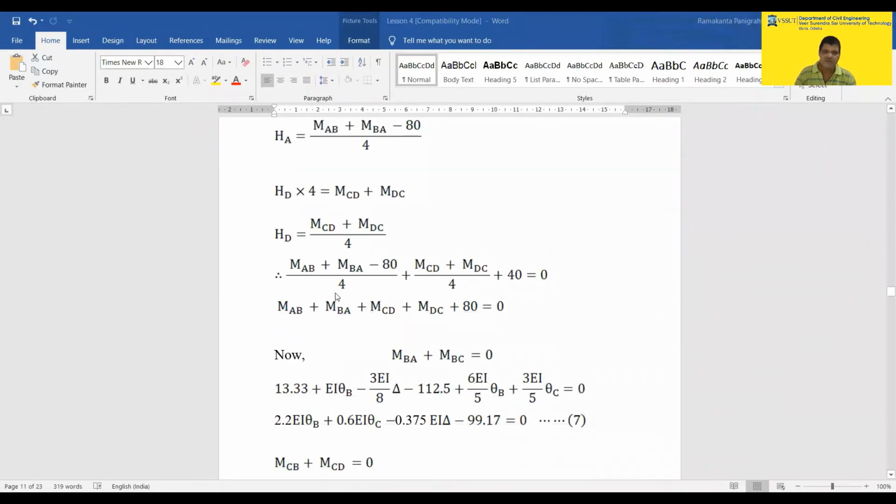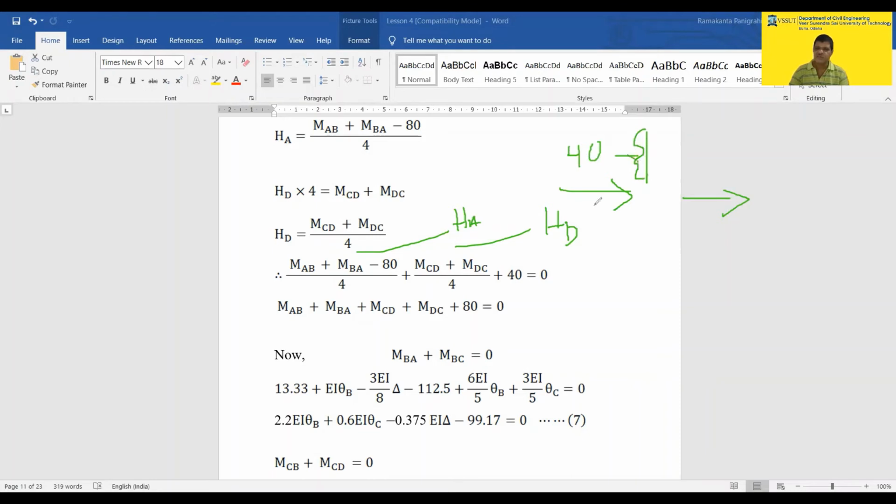So now HD comes out to be MCD plus MDC by 4. I will put this in the equation HA plus HD plus sigma PH. HA is in this direction, HD in this direction, and this load of 10 into 4 is also acting in this direction. So all will combine to give 0. Now this comes to this.